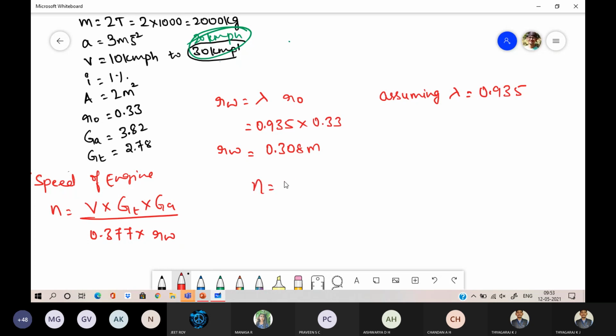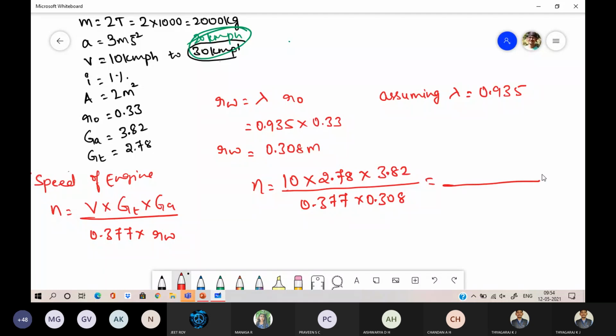Then speed V is known to us. Then GT, the first gear ratio, is 2.78. Rear axle gear ratio is 3.82. So divided by 0.377 into 0.308. So calculate the speed in terms of RPM. How much are you going to get? Check it.